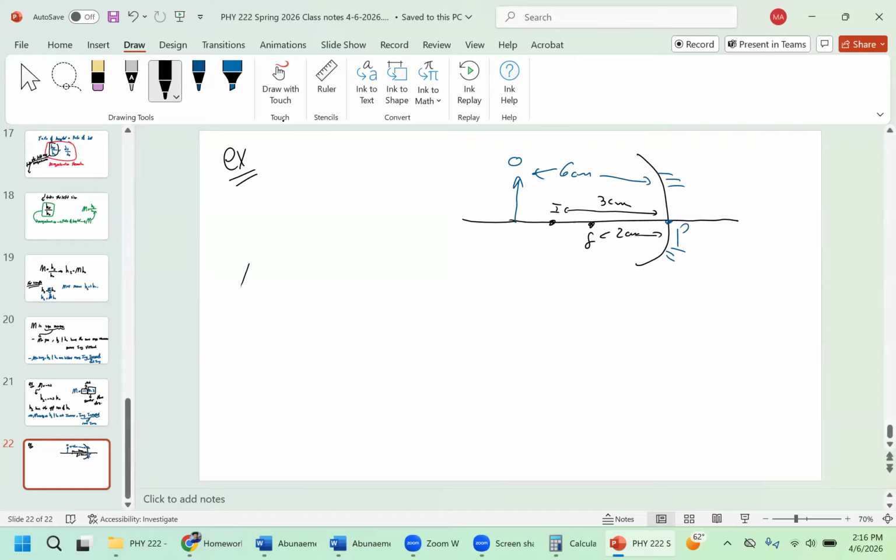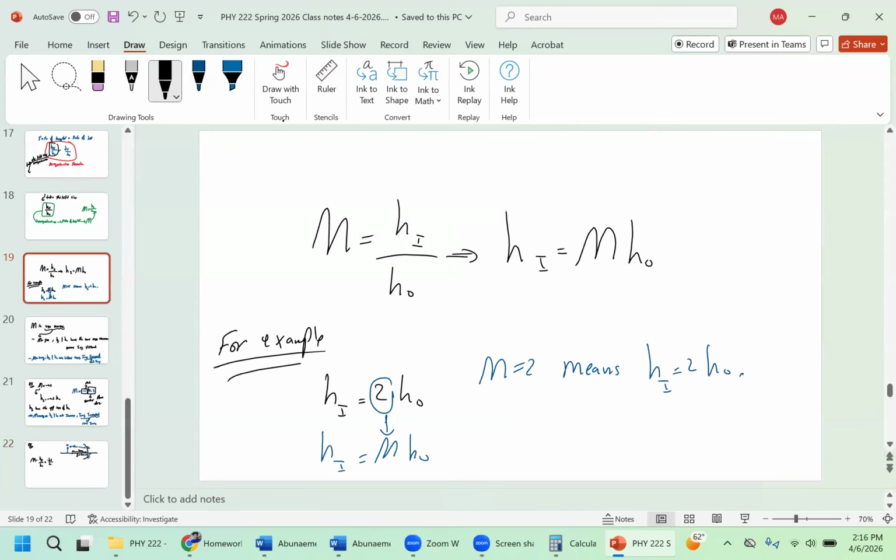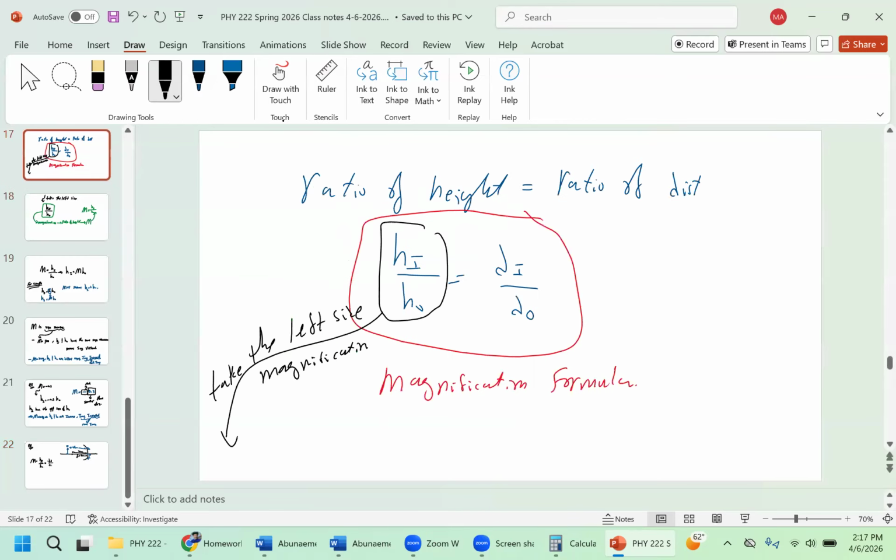The magnification that we have in this case, it'd be what? HI over HO. And again, you can always say it equals minus DI over DO. Did we just put the minus in when I wrote the magnification equation? Oh, I'm sorry. I knew I forgot to do something. Don't forget the negative.